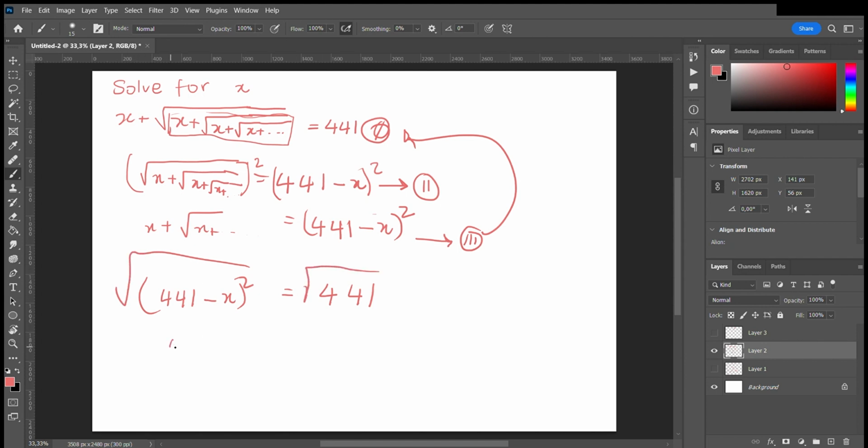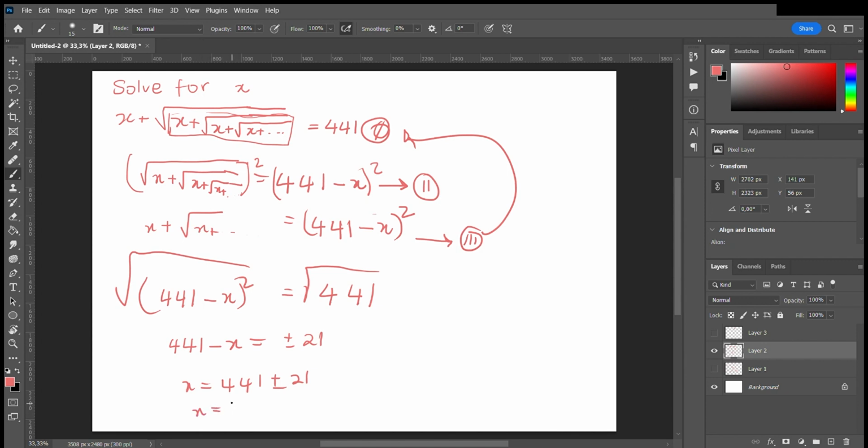So 441 minus x will be plus or minus 21. And then x would equal 441 plus or minus 21.